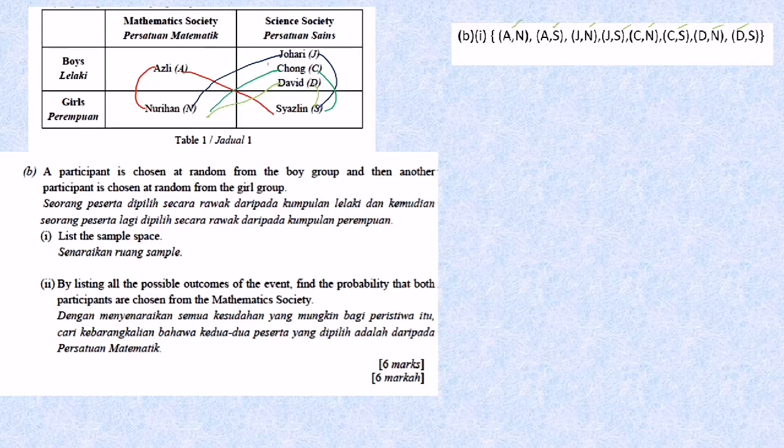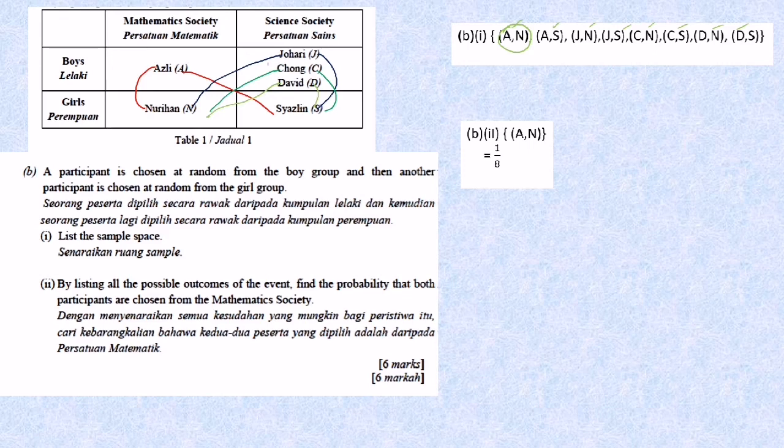Second, by listing all the possible outcomes of the event, find the probability that both participants are chosen from the Mathematics Society. The Mathematics Society has Azlin and Nurihan. So here there is one only, so you list it out.